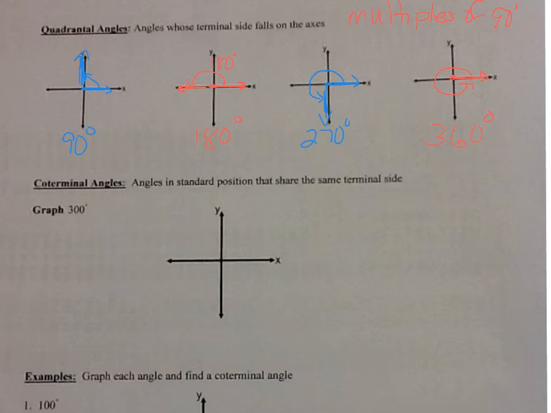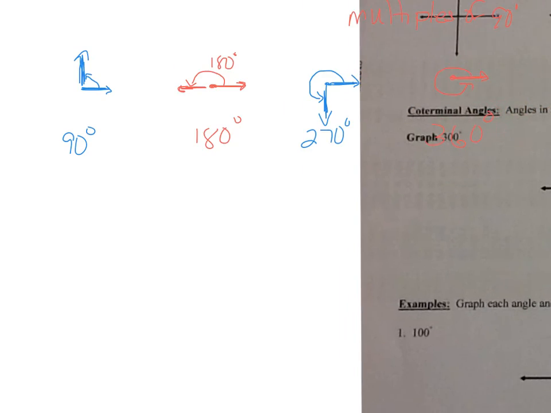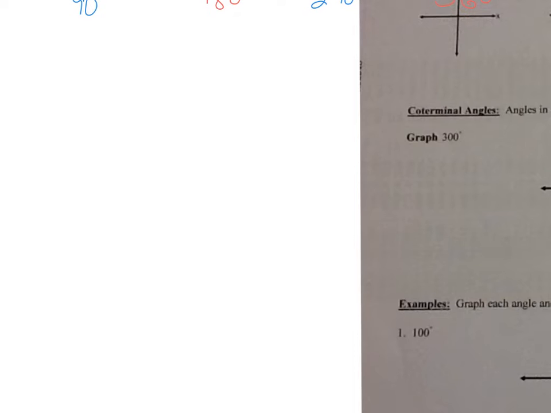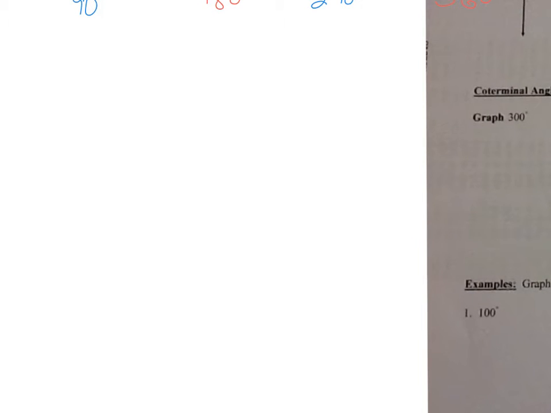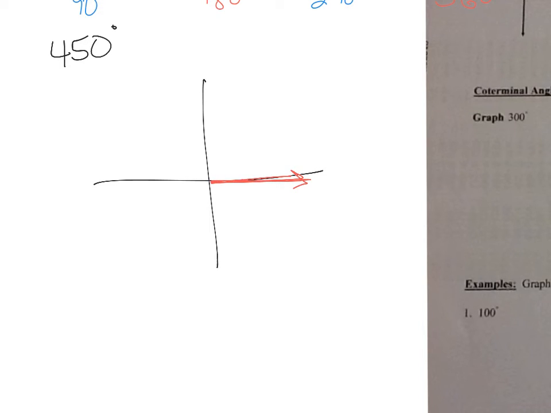Okay, now before we get into what coterminal angles are, just quickly, you can have angles that are bigger than 360 degrees. So you can have an angle, let's say, of 450 degrees. It's an angle that starts here on the positive side of the x-axis.